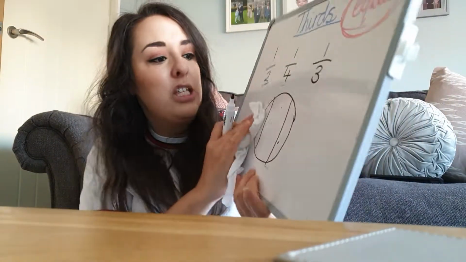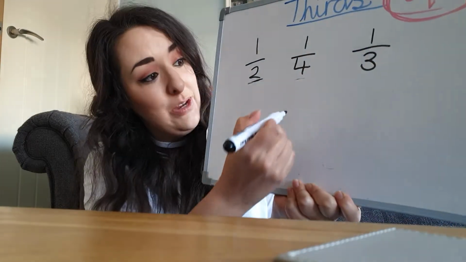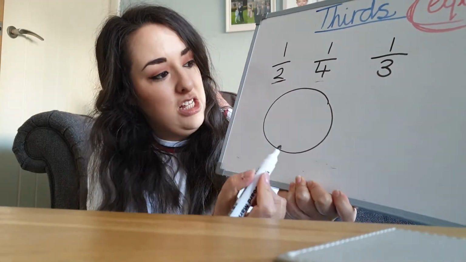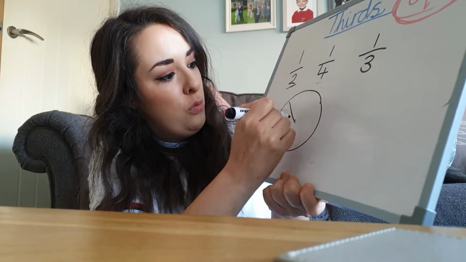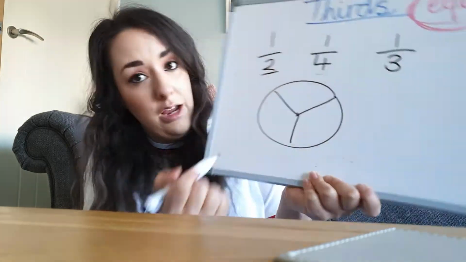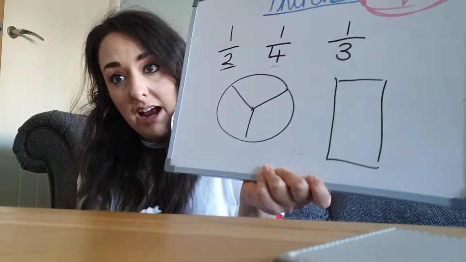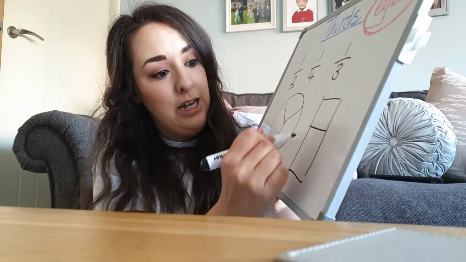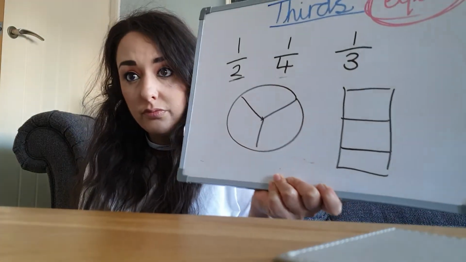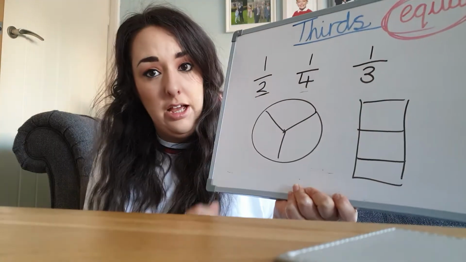Okay, so no matter what the shape is, we need it to be equal. So if it's a circle, we need it to be equal. If it's a rectangle, we need it to be equal for it to be thirds.